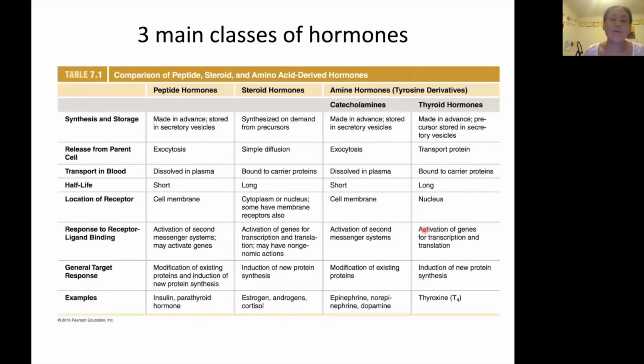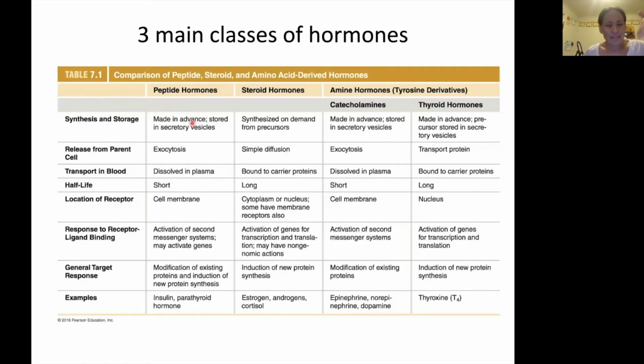So that basically wraps up our discussion of peptide hormones. I want to remind you of all the things that we have been talking about. This table very nicely summarizes the characteristics of the three different classes of hormones. Looking at the peptide hormone column, for synthesis and storage, you might remember peptide hormones are made in advance.